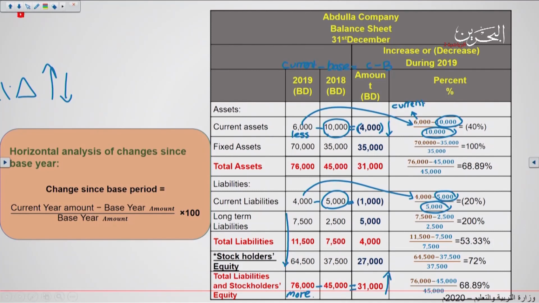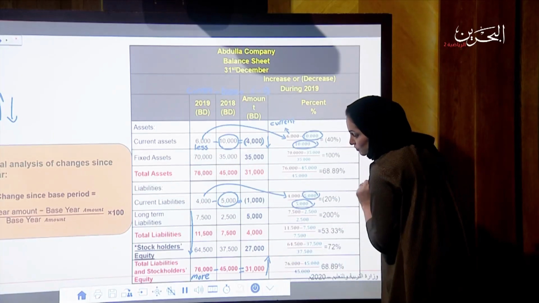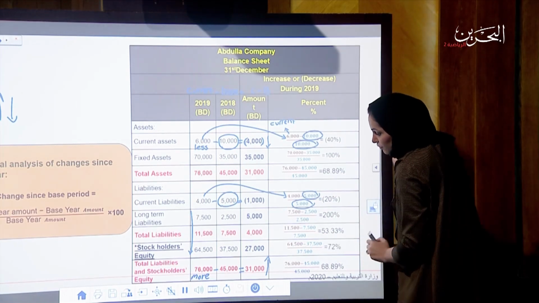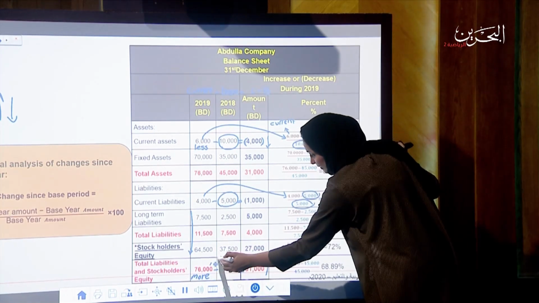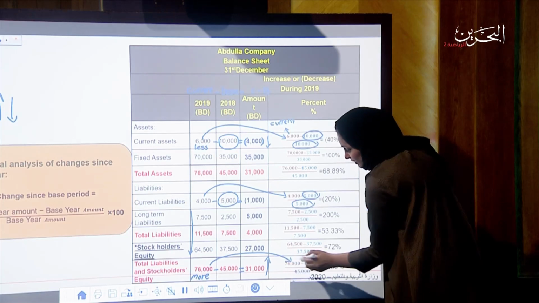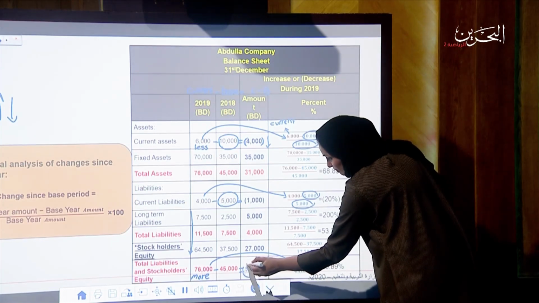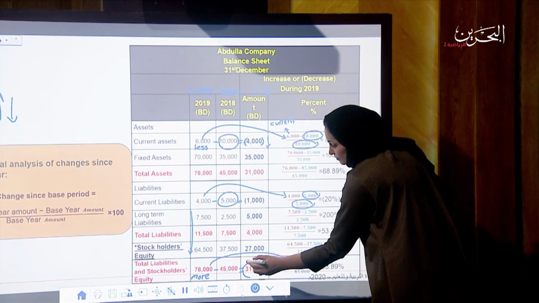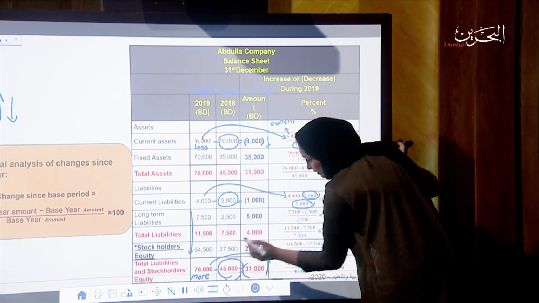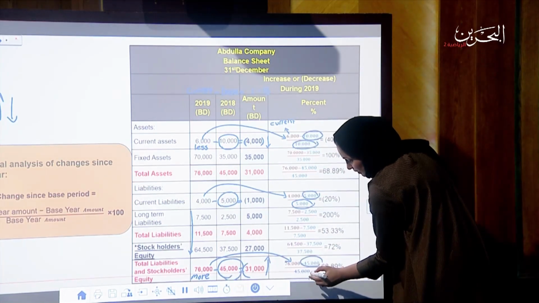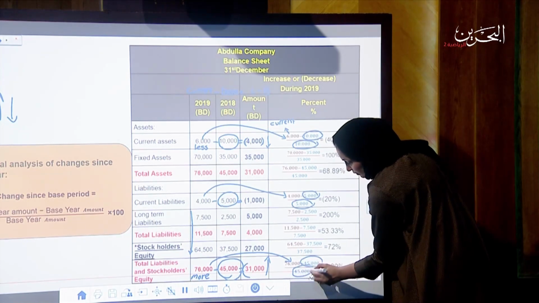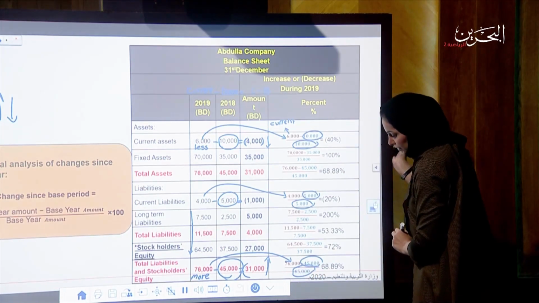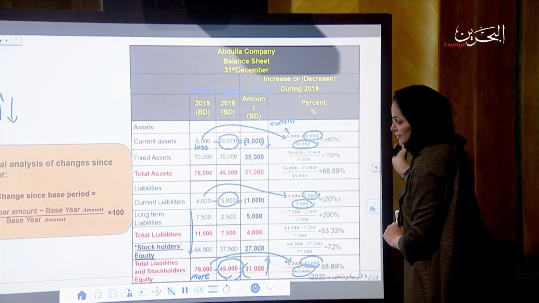That's why the amount increased by 31,000. Let's apply the formula: 76,000, minus the base amount of 45,000, divided by 45,000, equals 68.89%.